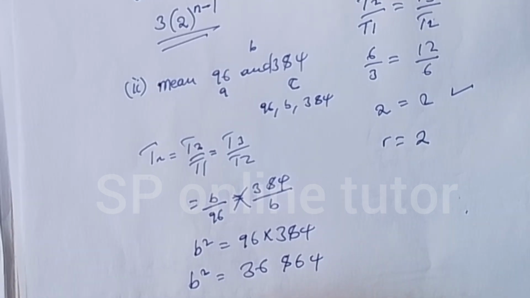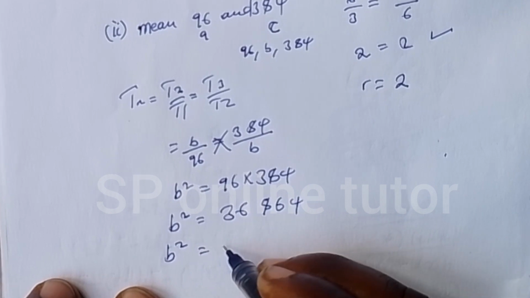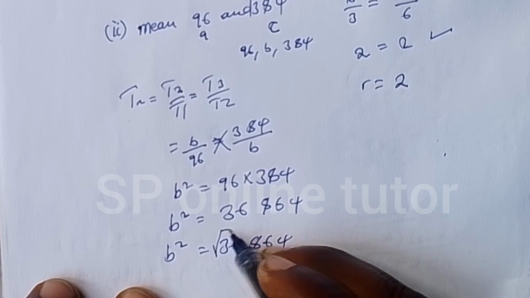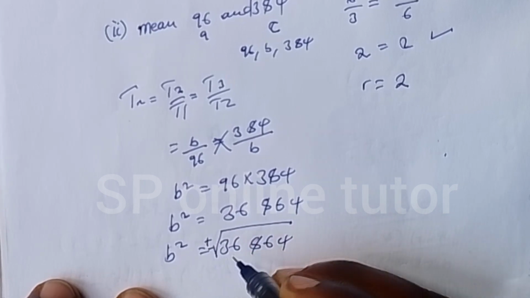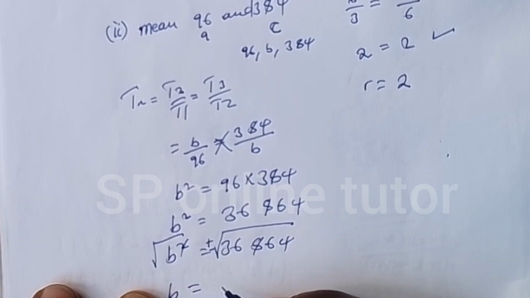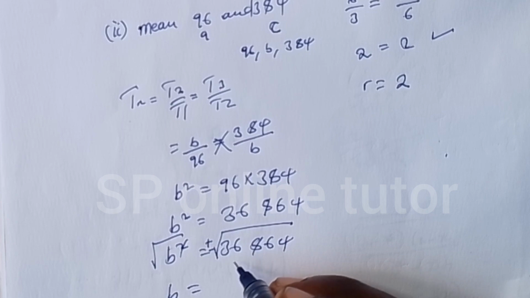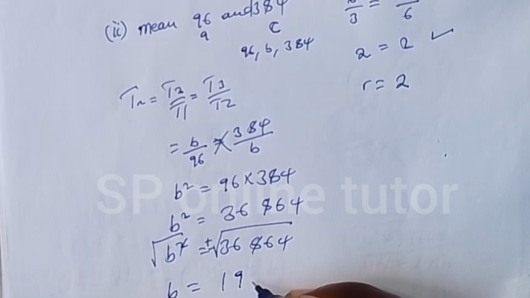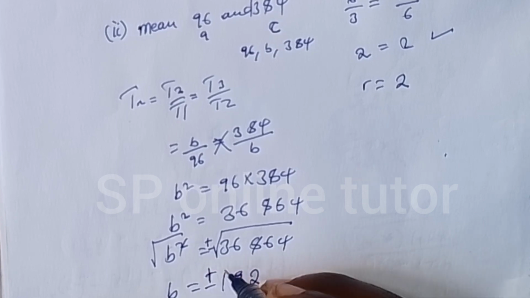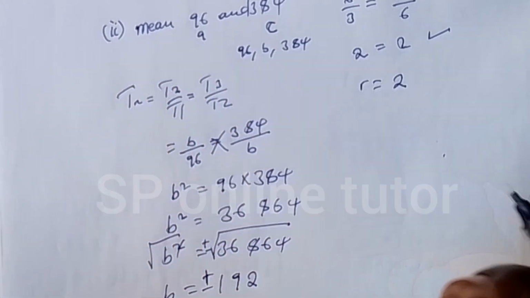Then you take the square root of both sides. B squared equals 36864. We take the square root here, there's plus and minus, for us to find B. So B equals the square root of 36864, which is 192, positive or minus. This is our answer for Roman numeral 2, for the geometric mean.